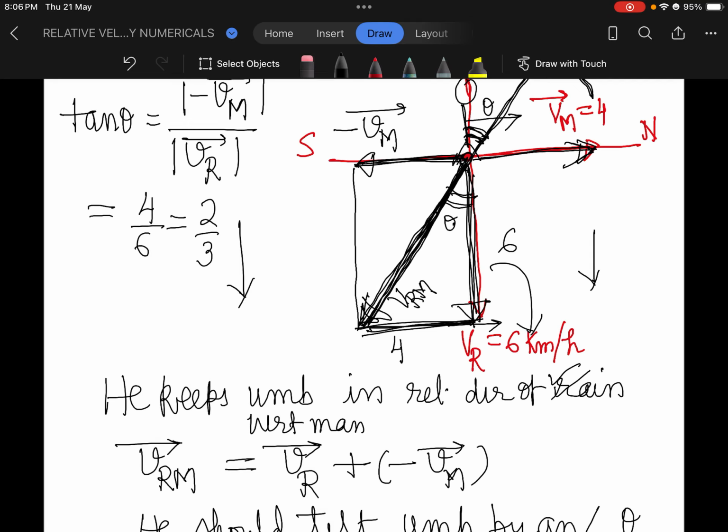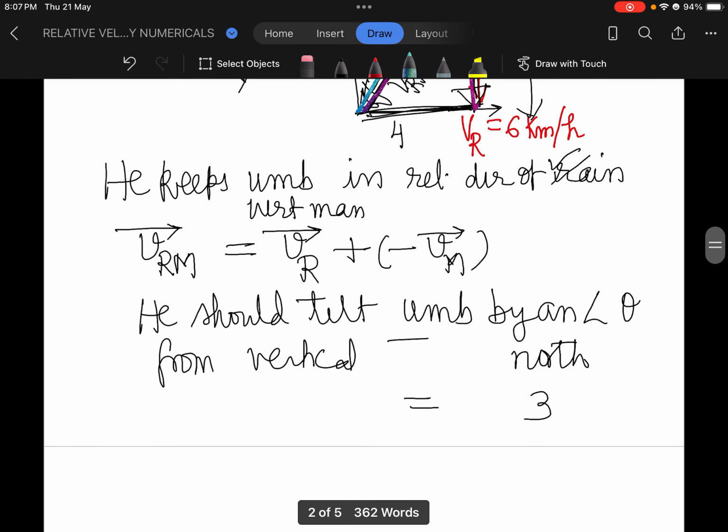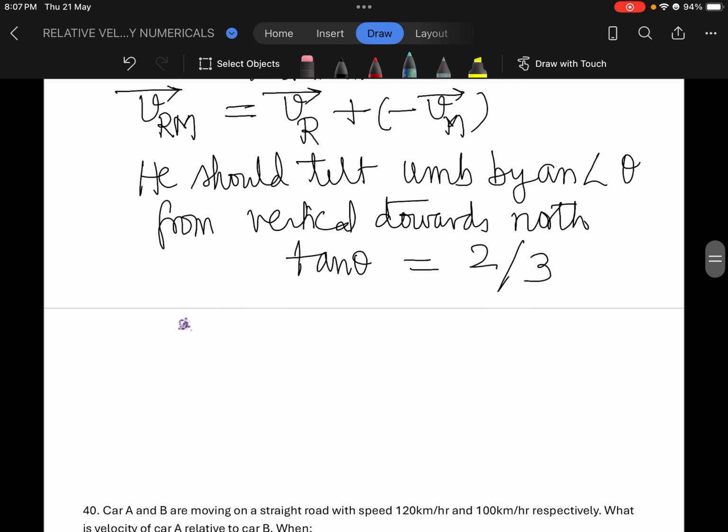Now the direction which appears is this. Now this is in what direction? It is at an angle theta from vertical towards south. It is clear.